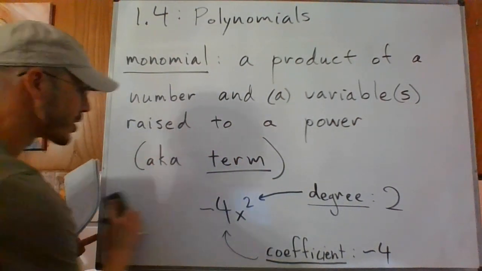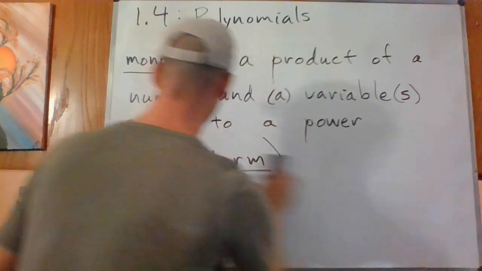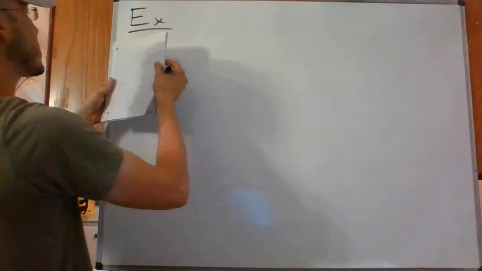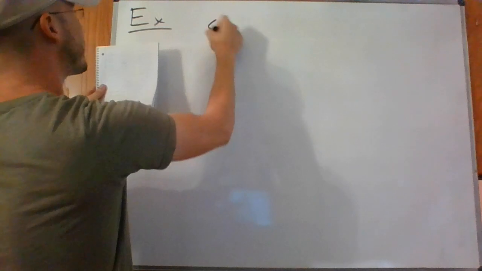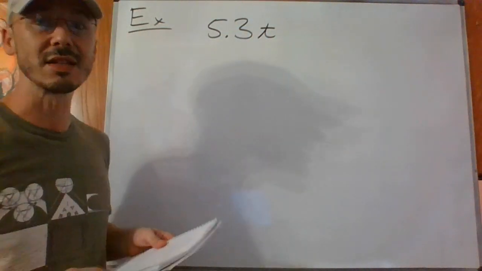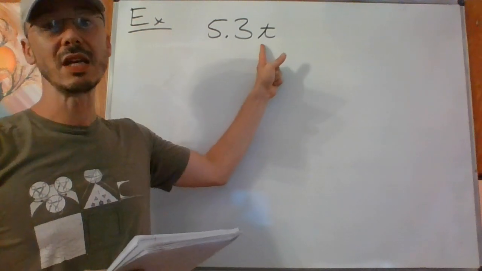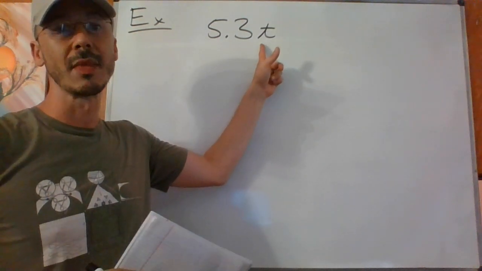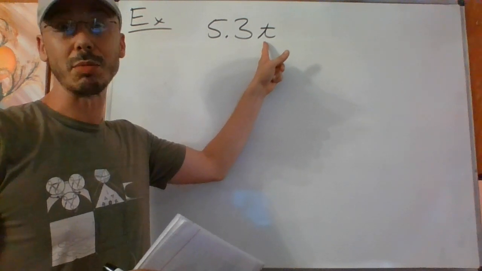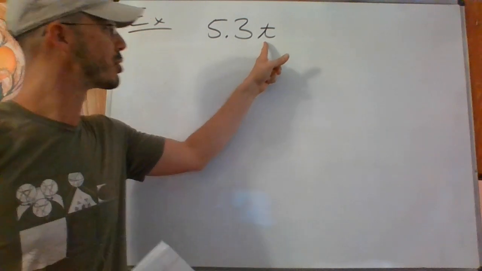So this is a degree 2 because the exponent is 2. Let's look at a couple other examples of monomials. These aren't example problems, they're just examples of monomials. 5.3t. In this case, the variable is t instead of x. I use a cursive t because it doesn't look like a plus sign, which an ordinary print t does.